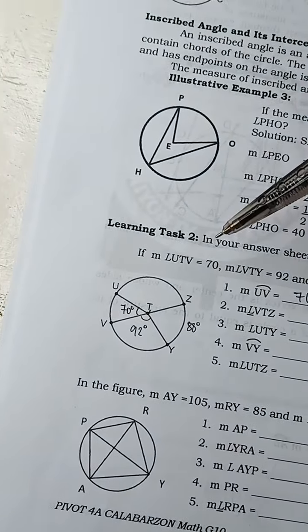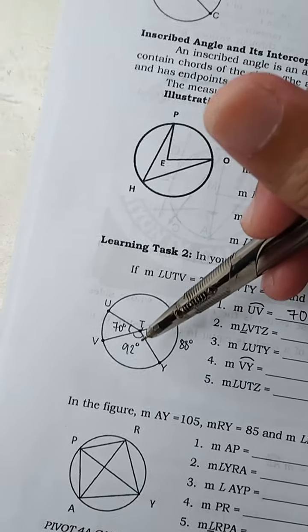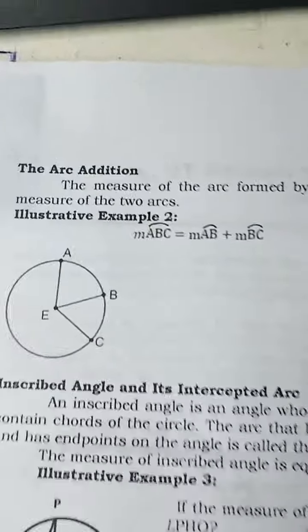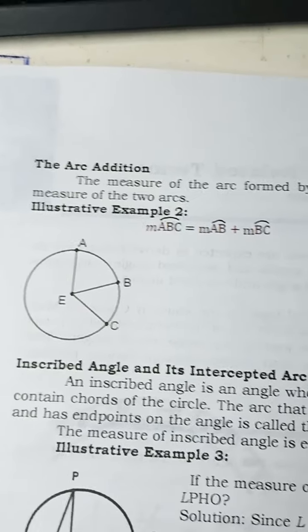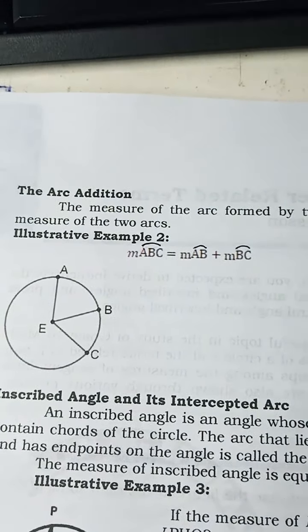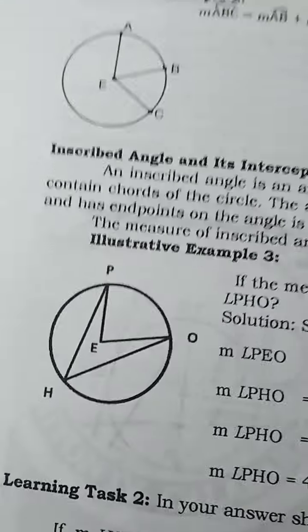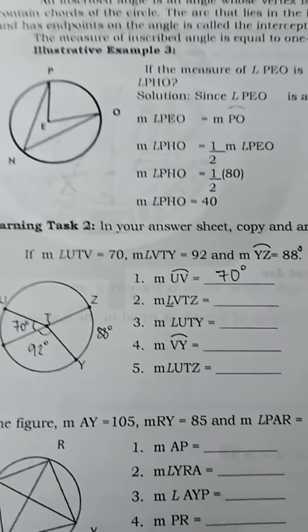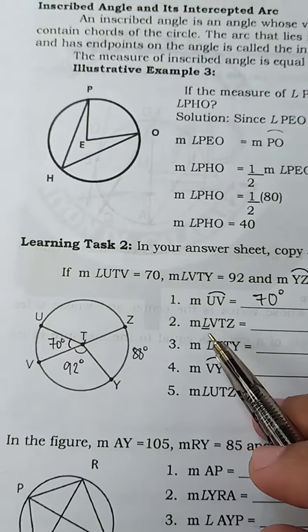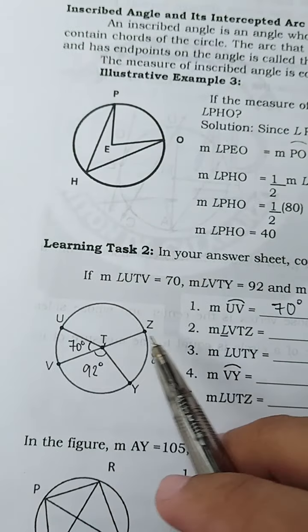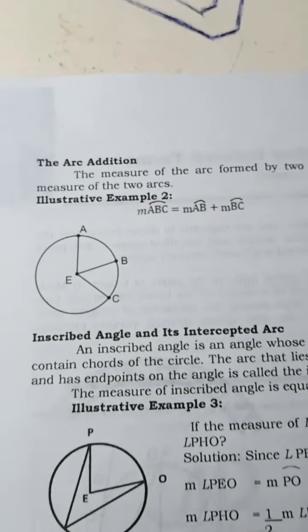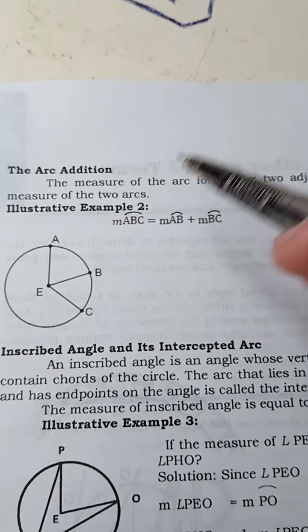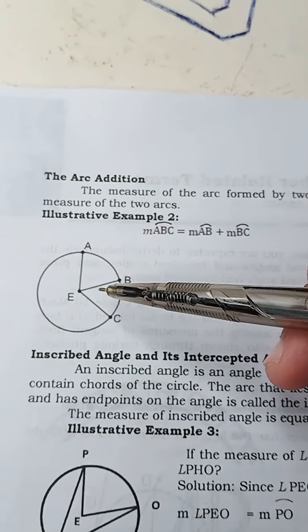To solve this, we apply what is on the page called arc addition. So, to get the measure of angle VTZ, we apply arc addition. Here is the illustration.